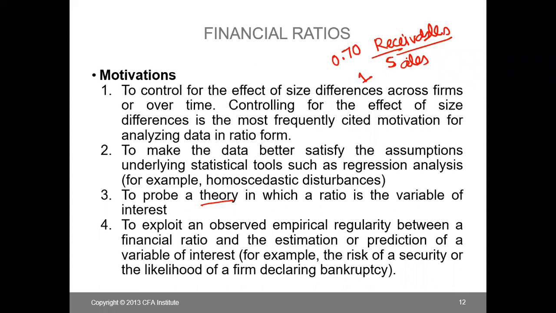Out of your 1 taka sales, 0.7 taka is through receivables. And another company in which the receivables is 0.2 for 1 unit of sales or $1 of sales. Which company, other things remaining the same, is to be preferred by you? The company which has receivables of 0.2.